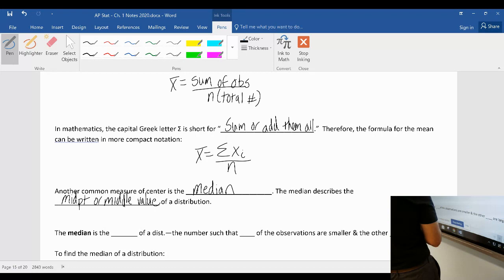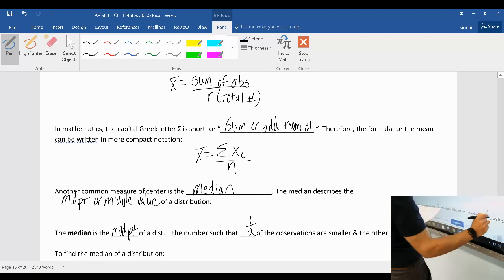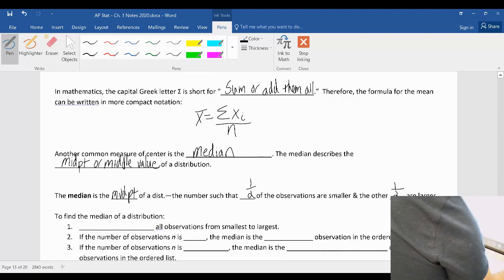The median is the number such that half of the observations are smaller and half are larger. Now sometimes we have an even number, which we're going to talk about. Again, most of you already know all of this, so if you do, feel free to skip ahead.